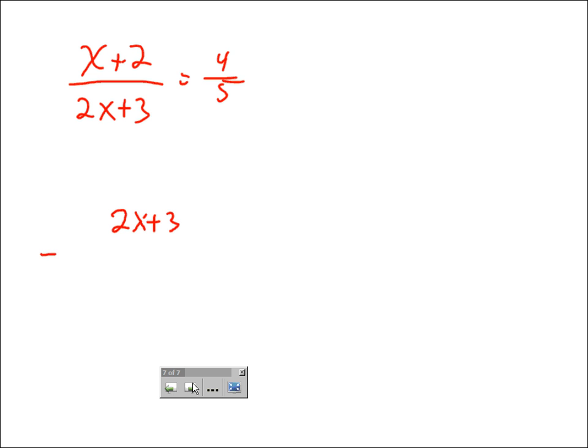Now, just for the record, if you have (x plus 2) over (2x plus 3) equal to 4 over 5, the bottom is not a number larger or smaller than the top. That is, if you were to subtract them, you get x plus 1.